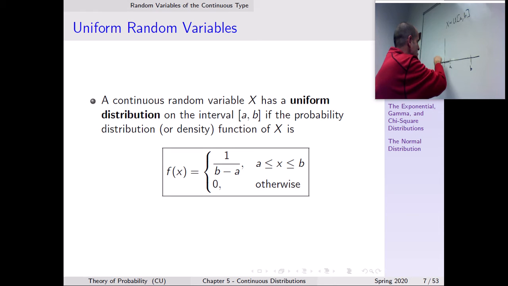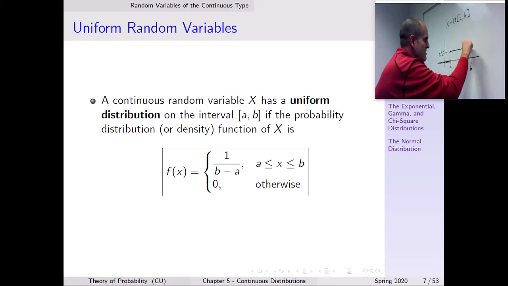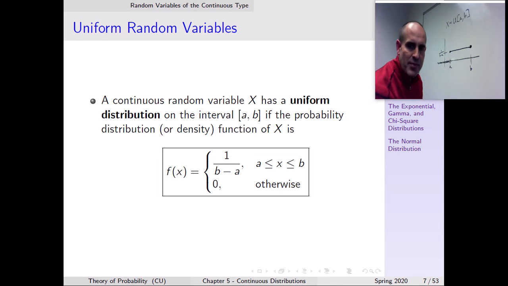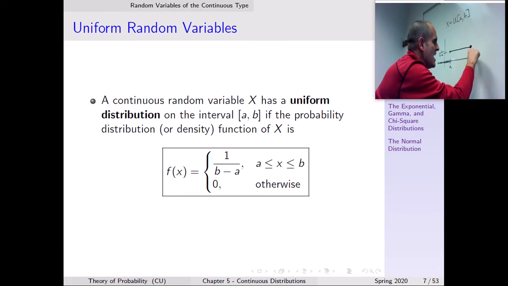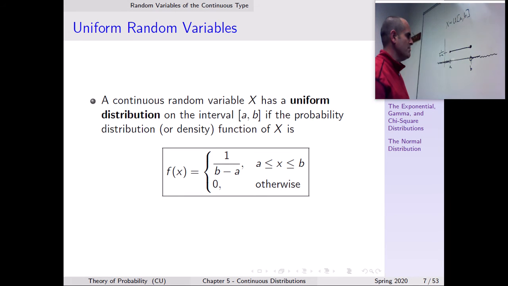So it's 0 everywhere outside, before A. But then once you get to A, it jumps up to 1 over B minus A. And it stays there the entire time between A and B. That's just a number, 1 over B minus A. And then after that, it's 0 again.